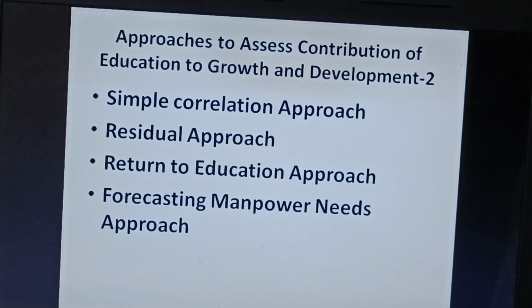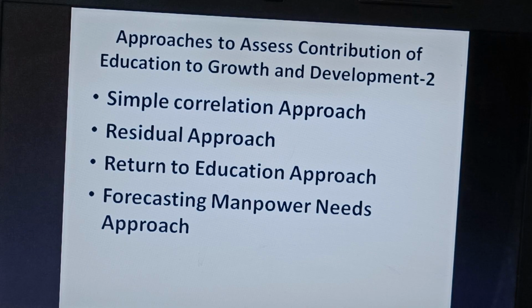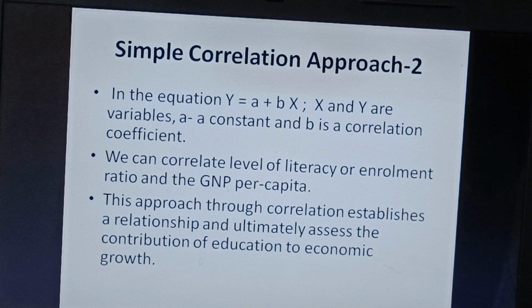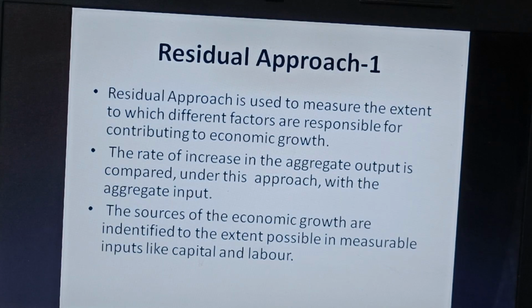As we have already said in the introduction, these approaches are 4 in number: a simple correlation approach, a residual approach, a returns to education approach, and forecasting manpower needs approach. Here we shall discuss the simple correlation approach, and again the residual approach.